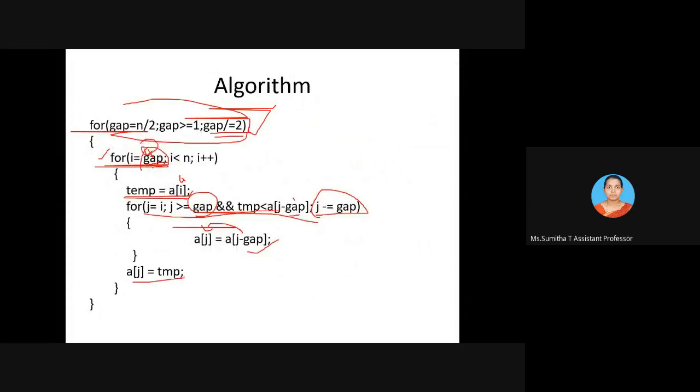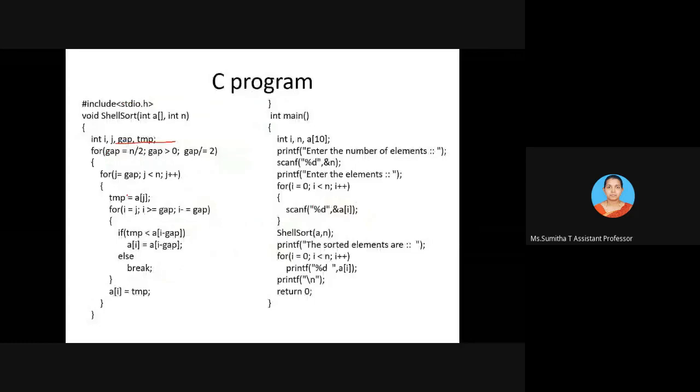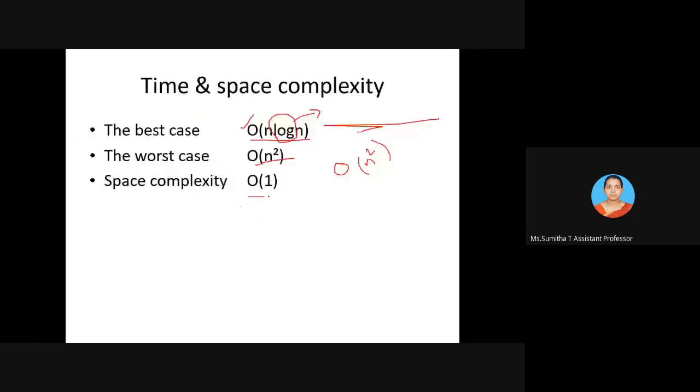And if they are using two more variables, like temp and min, or temp and temp1, if we are using a constant amount of variables, then no problem, we can just tell that as order of 1. If you are using an array of elements, like temp of n, then only you need to change the space to n. Otherwise you can say order of 1.